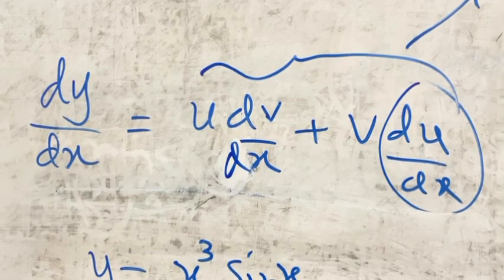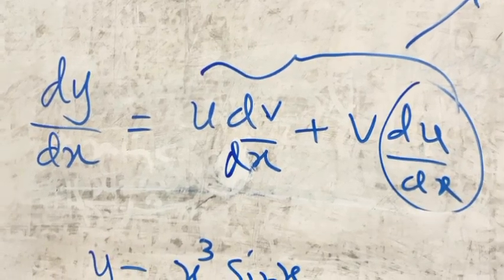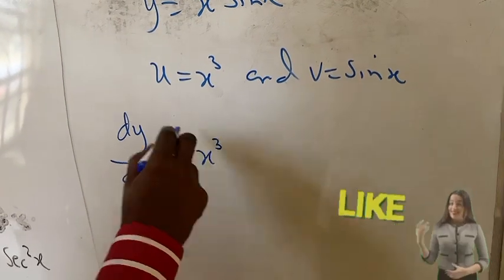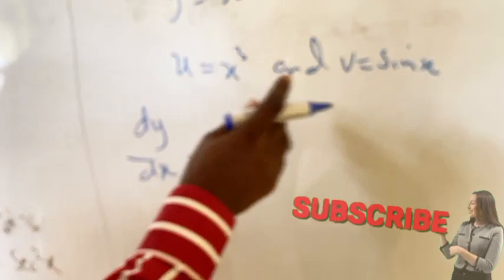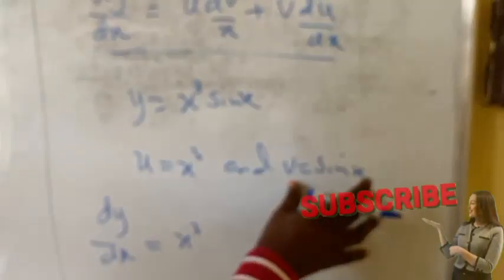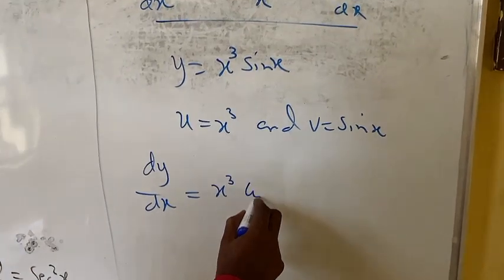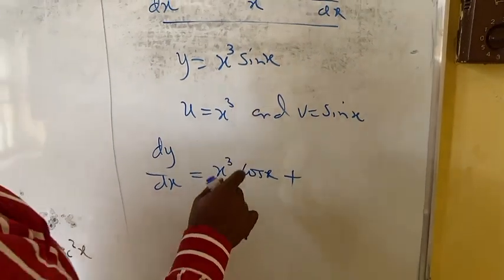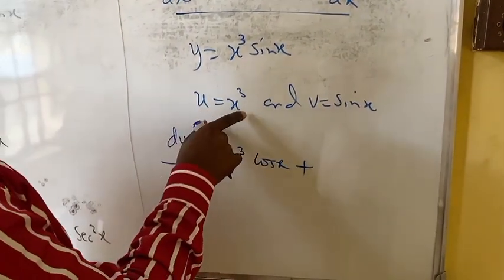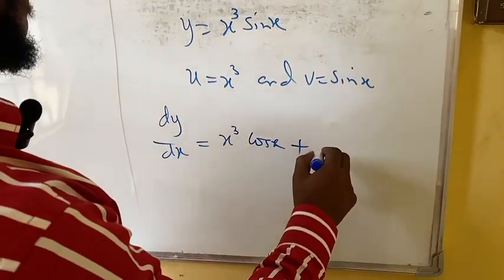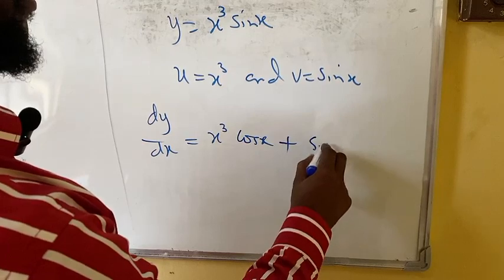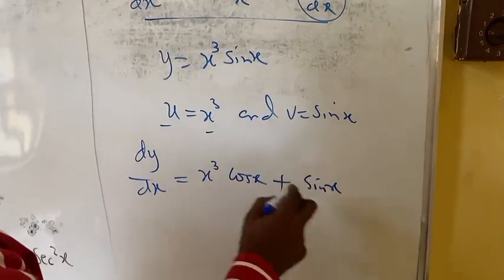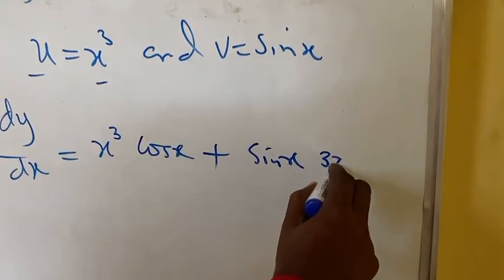If we use this formula, dy with respect to dx equals x cubed, and if we differentiate v, which is sine x, with respect to x, it is cos x, plus, v will be here, of course, sine x, and we differentiate u with respect to x, du over dx, which will give us 3x squared.